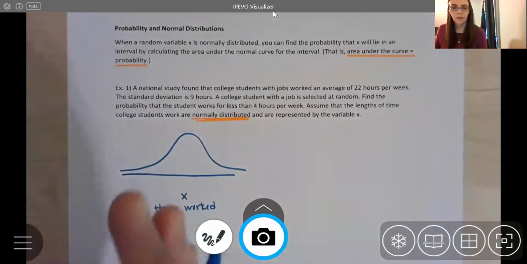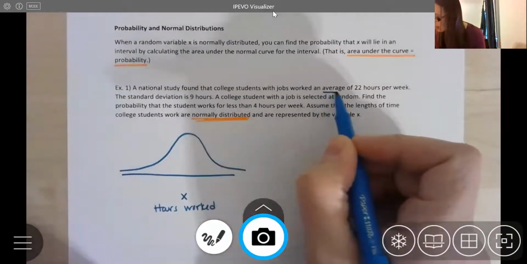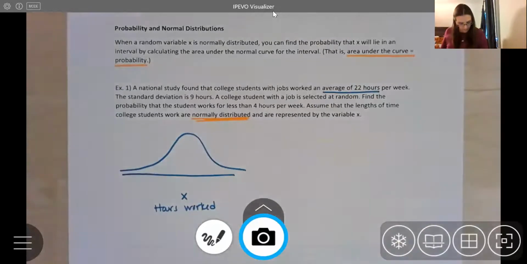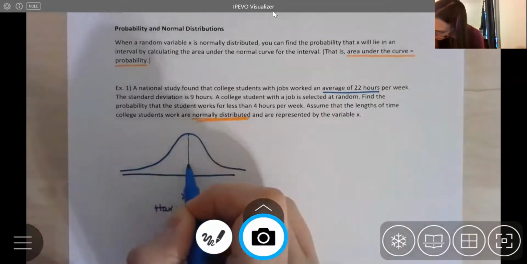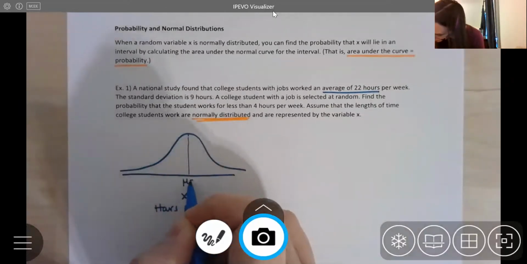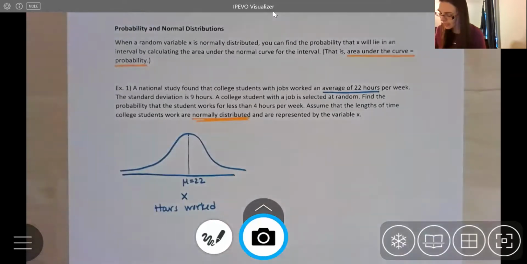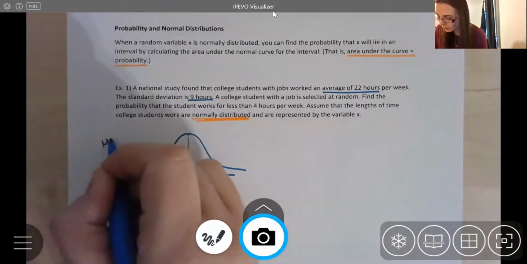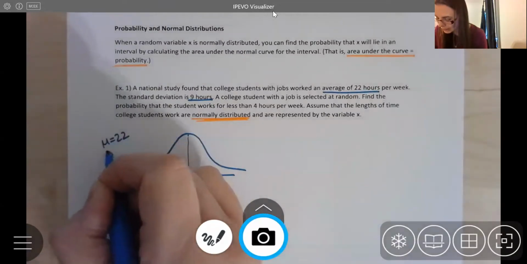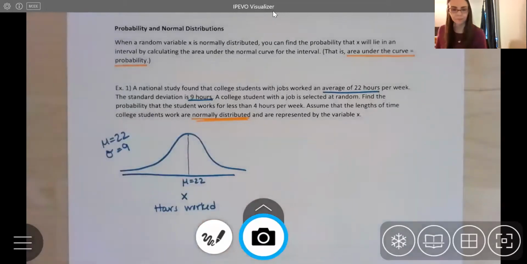So if I go back through my information, I see that the average number of hours worked was 22 hours in 1 week. So my center here is at 22. And the standard deviation is 9. So I don't need to put that on my graph necessarily. I'm just going to make a note here. So my mu is 22. My standard deviation is 9.